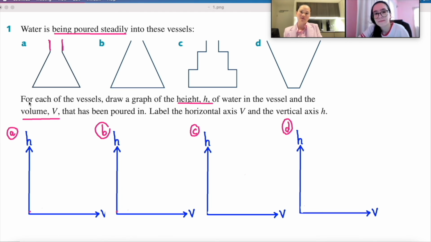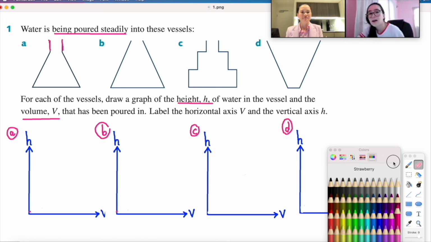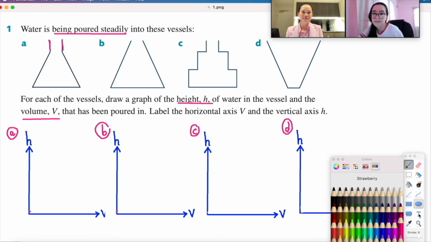Jasmine, read the next one. For each of the vessels, draw a graph of the height of water in the vessels and the volume that has been poured in. Okay, then you label the horizontal axis V and vertical, look at this one, horizontal axis V. Horizontal, what is horizontal?